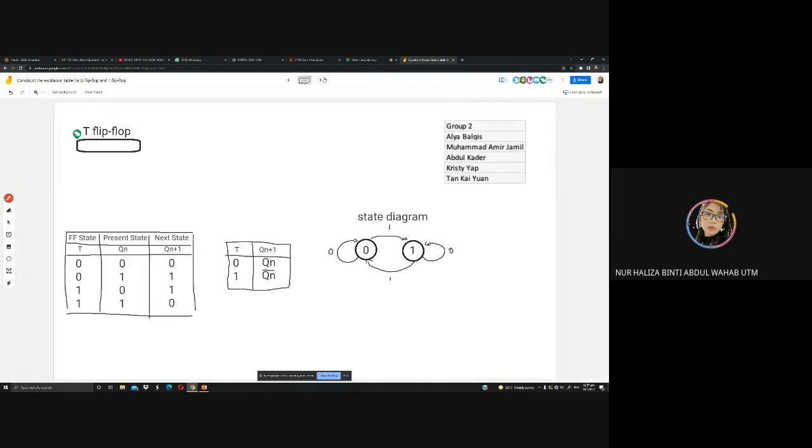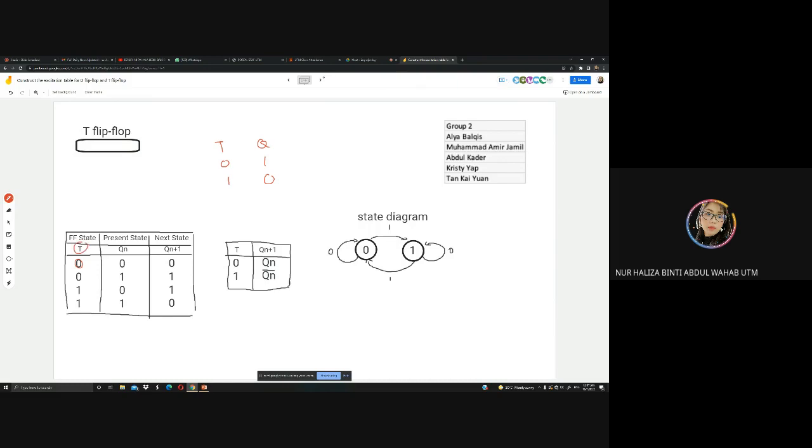Next is the T flip-flop here. It is going to toggle. If your T is 0, your Q will be 1. If your T is 1, your Q will be 0. So let's see, where is your T? Okay, this is T present state.